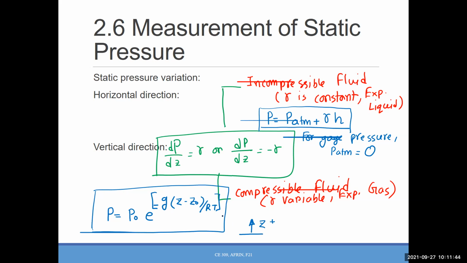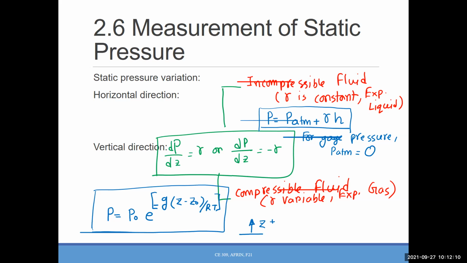So that is the equation, and you can go through class lecture 9 for the derivation. Now for your homework 3, one question is about the incompressible fluid, and another question is about the compressible fluid. So now you are fully ready for working on your homework 3.